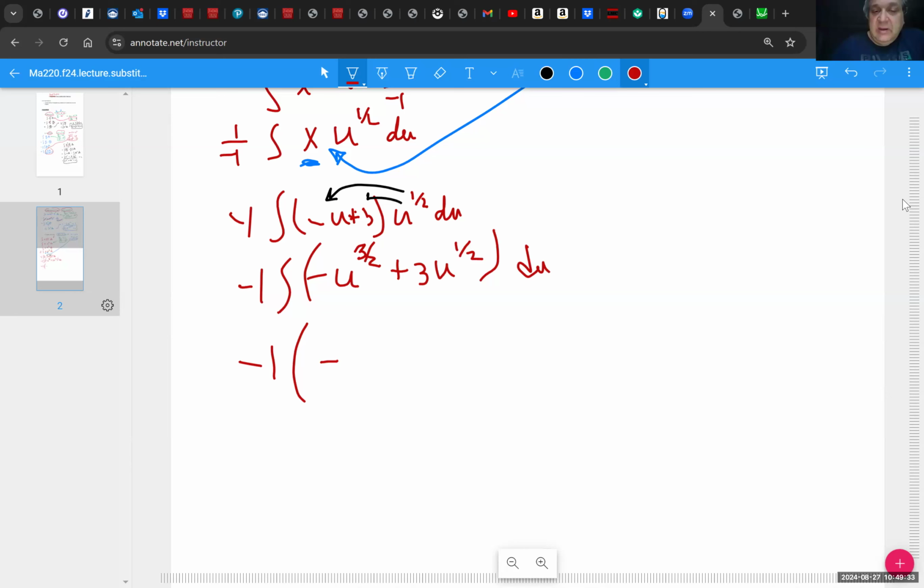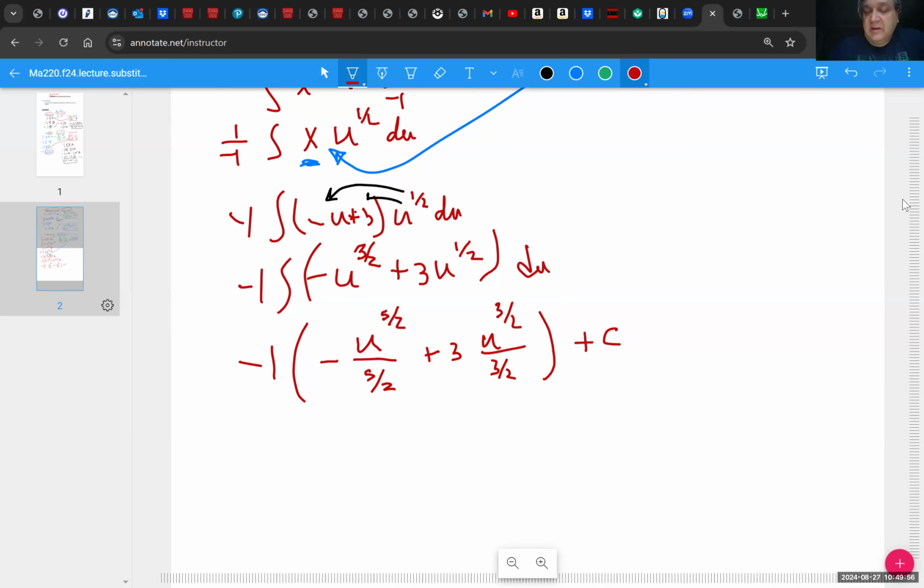To antidifferentiate u to the 3/2, I'm going to add 1 to the exponent. And I'm going to divide by that same exponent. And then over here, the 3 is unaffected by antidifferentiation. Add 1 to the exponent, divide by that same new exponent value. And I do need a plus c at the end.